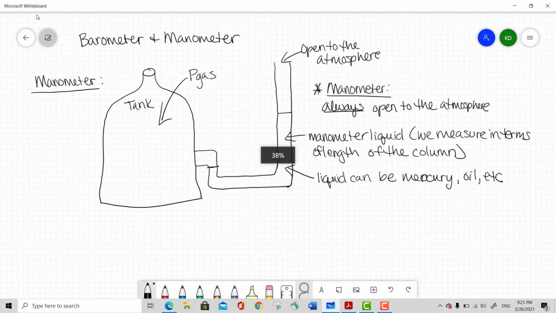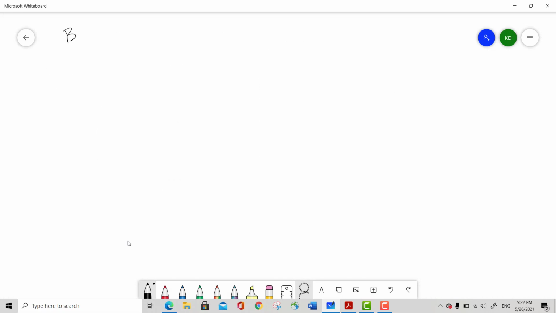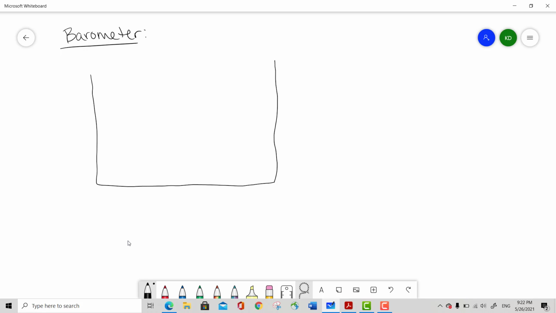Okay, let's see if I can make this a lot smaller. And so then we've got the barometer. And it looks like this. Then you've got this stack in the middle. Oops, sorry, I'm not very good at drawing straight lines.